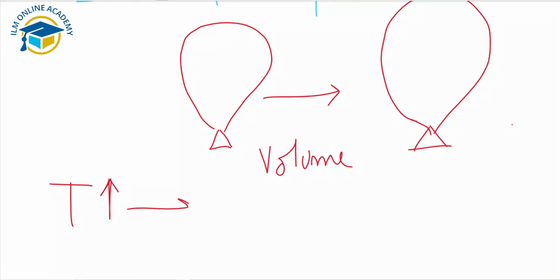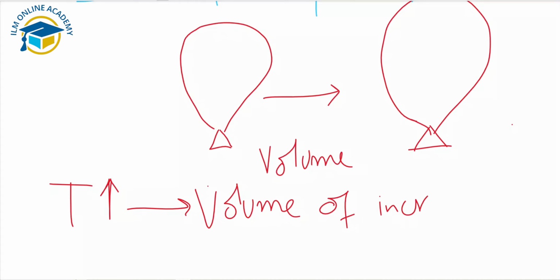An increase in temperature will increase the gas volume. The volume of gas will be increased as the temperature increases. So this is the main effect behind the temperature and the pressure.